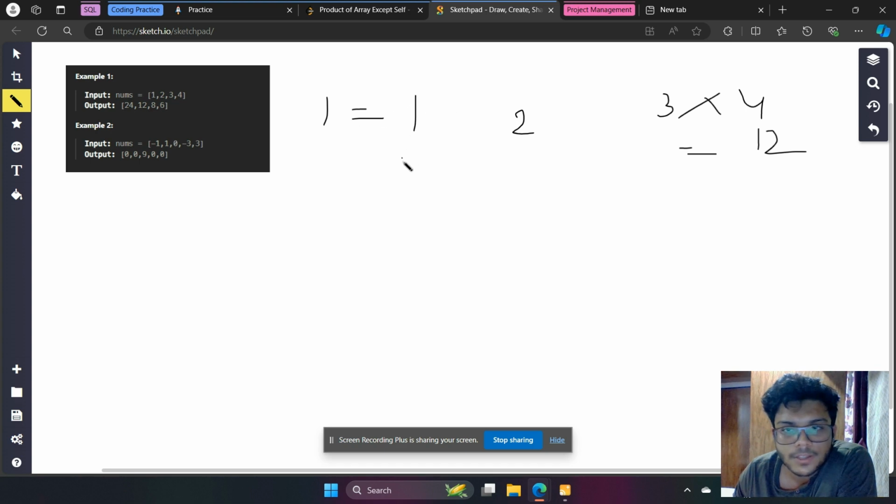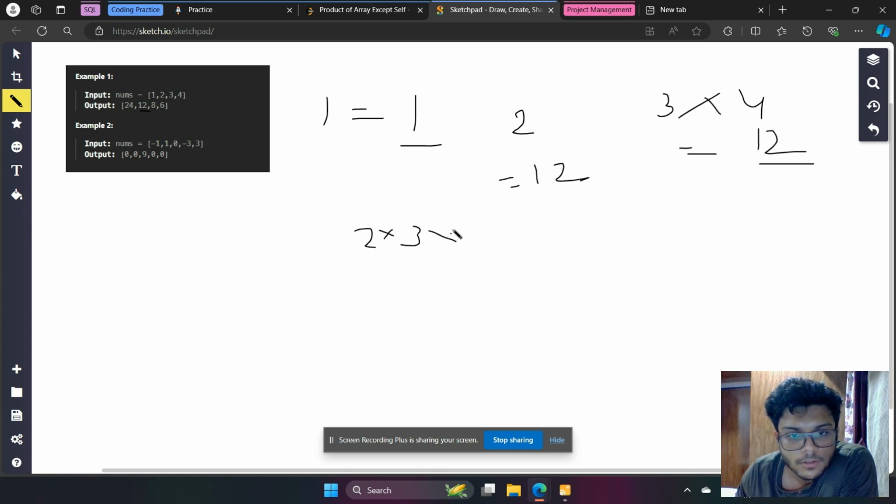If you multiply 12 and 1, we get 12, and we need 12 only here. The same case for 1. On the right side of 1, we have 2 times 3 times 4, which is 24. The left side has nothing, so we'll just take 1. So 24 times 1 is 24.